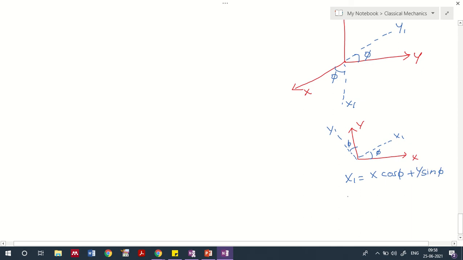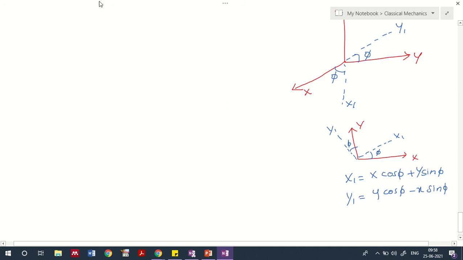And also y1 will be equal to y cos phi minus x sin phi, which will be our corresponding representation. So why do we represent it like this?